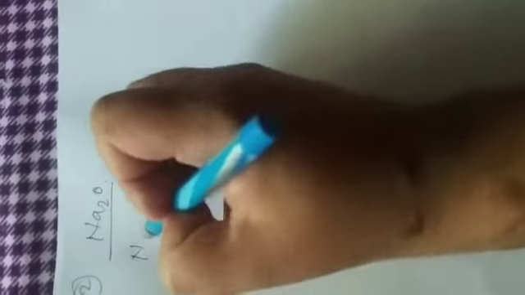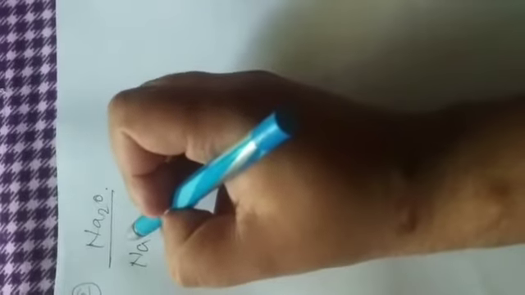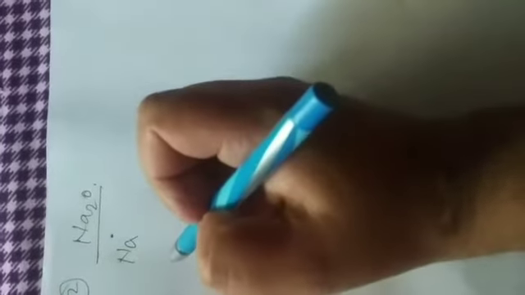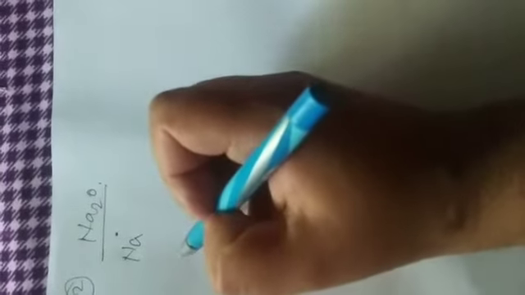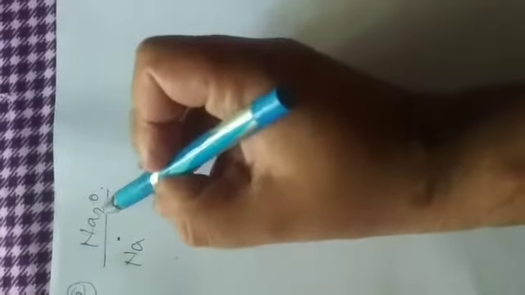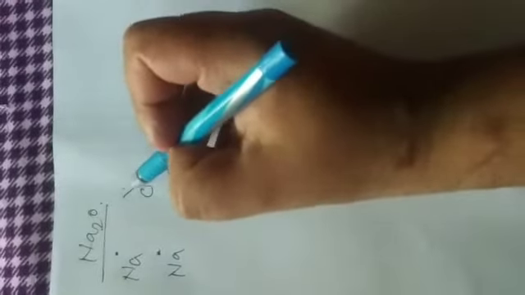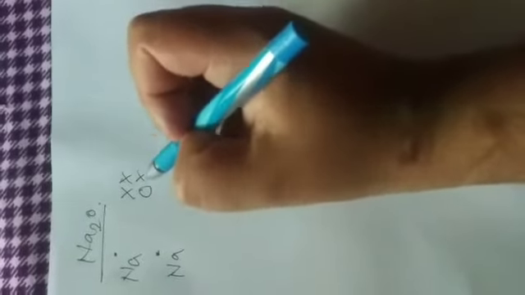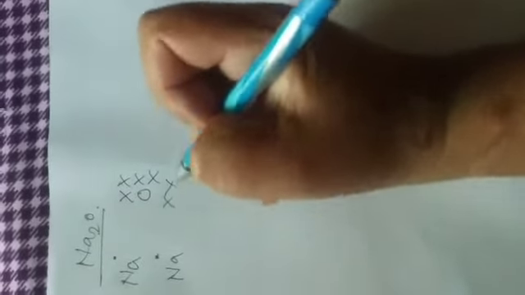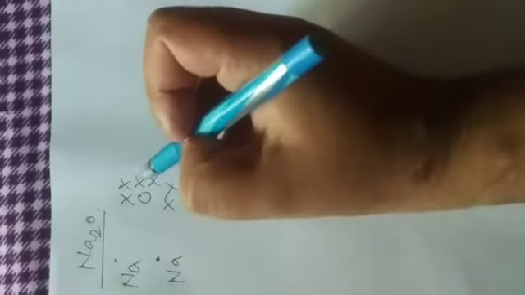In sodium, one electron is available in the outermost cell. In this case, 2 atoms of sodium are used. In oxygen, 6 electrons are involved in the outermost cell of oxygen.